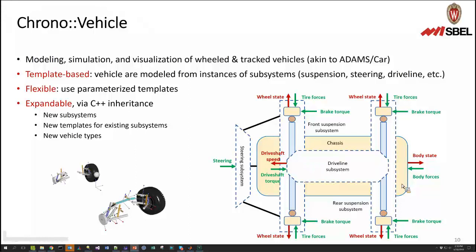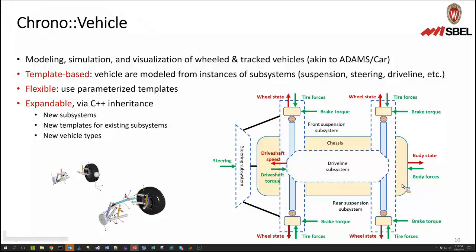This Chrono vehicle concept is, as I said, a templates-based approach that we embraced. It's flexible. We use parameterized templates. You can modify them, and it's expandable because it draws on a C++ inheritance mechanism. You can take an existing template and augment it, or you can put together a completely new template that perhaps others in your group will benefit from.